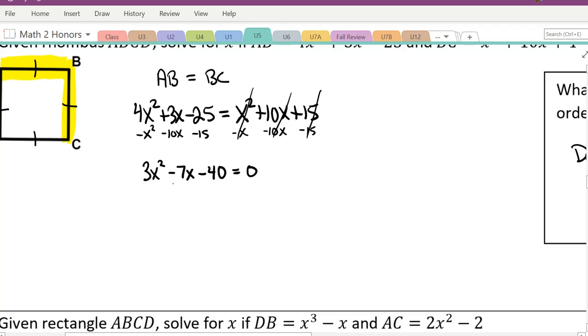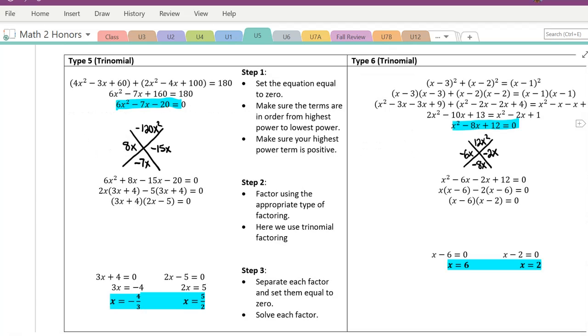And I'm noticing I have three terms here, so this is the trinomial factoring again. And if you want to reference that from the solving by factoring page, that's your type 5 that you can look at and follow those steps there.